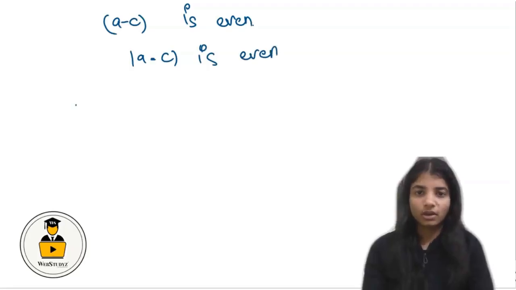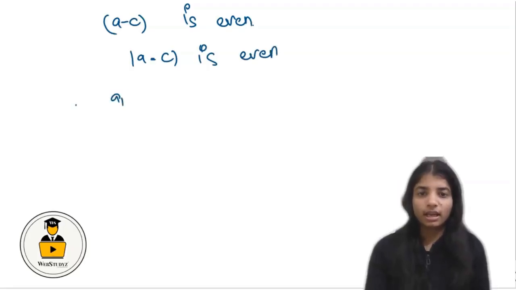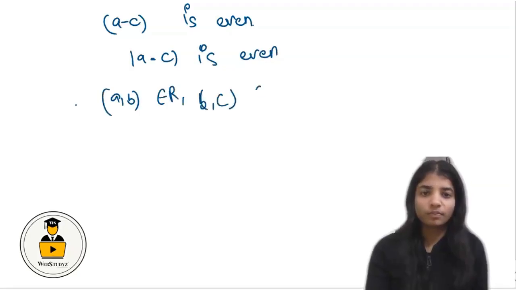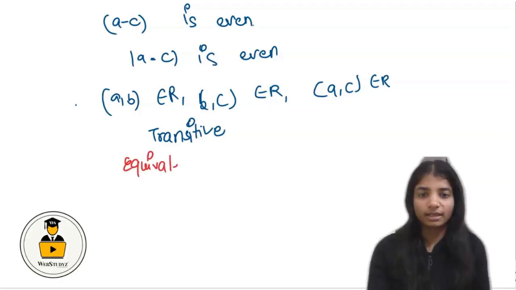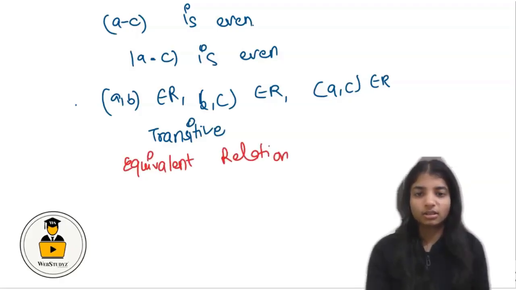So (a, b) belongs to R, (b, c) belongs to R, and (a, c) belongs to R. So this relation is transitive. So this relation is reflexive, symmetric, and transitive, so we can say that this is an equivalence relation. This is the answer to the first part.